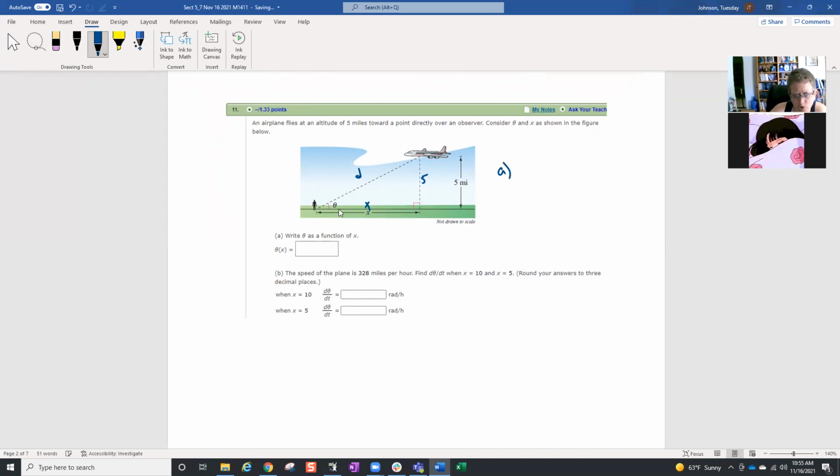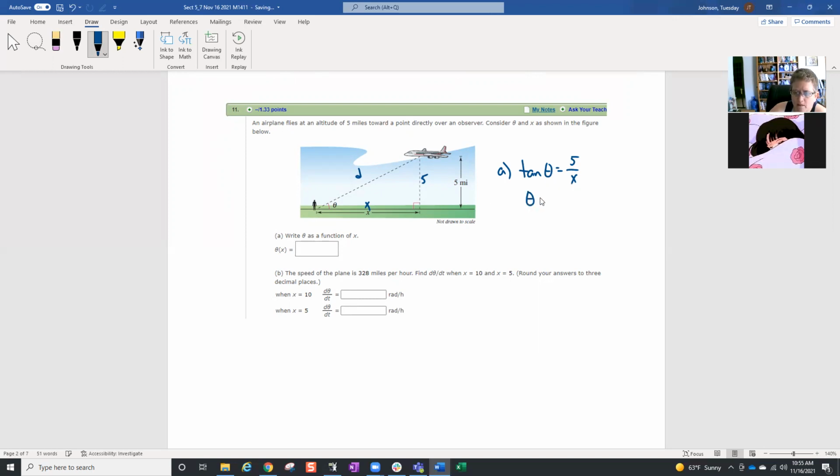Okay, now as I'm looking at theta, x, and 5, anytime we're talking about angles, we're in trigonometry. This is the opposite, and this is adjacent. So that's all I have. Tangent of theta is opposite over adjacent. But we want theta to be our output and x to be our input.